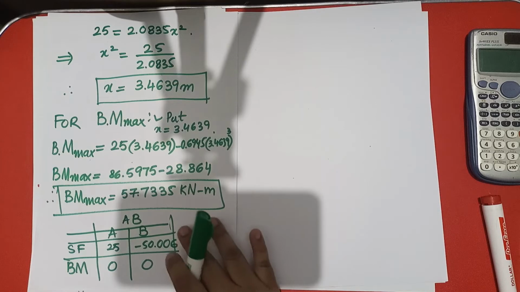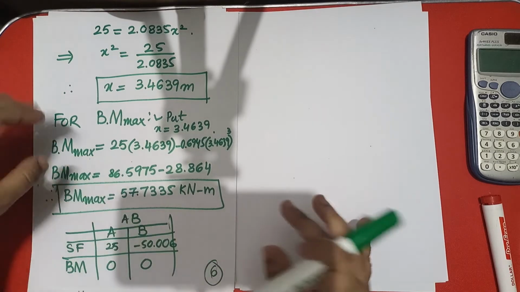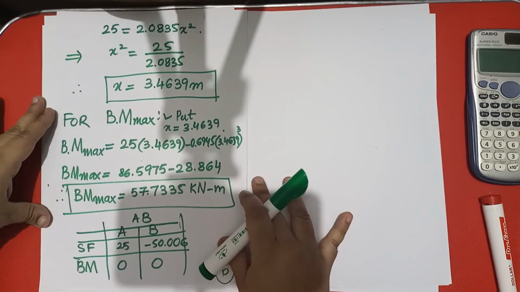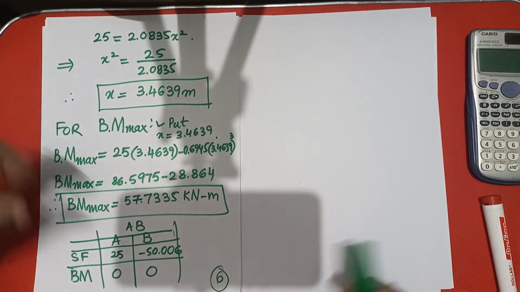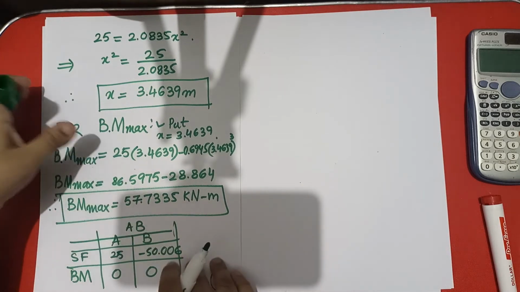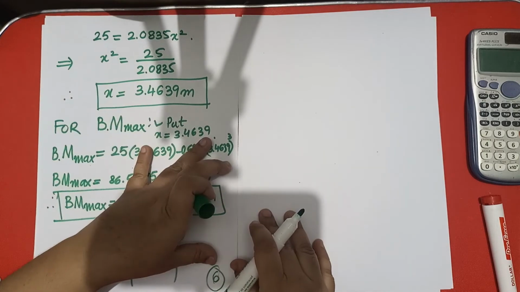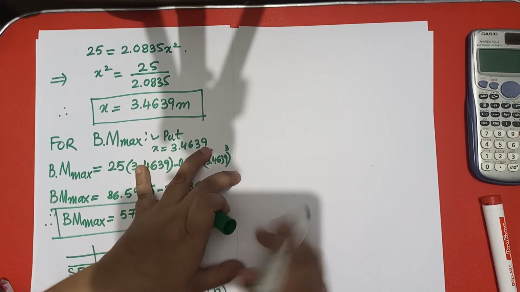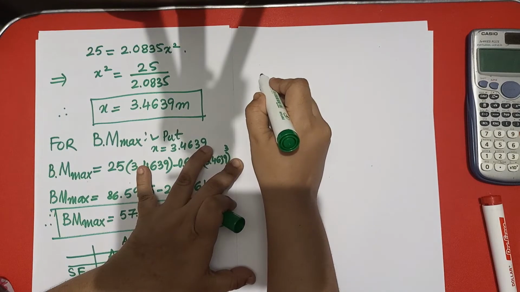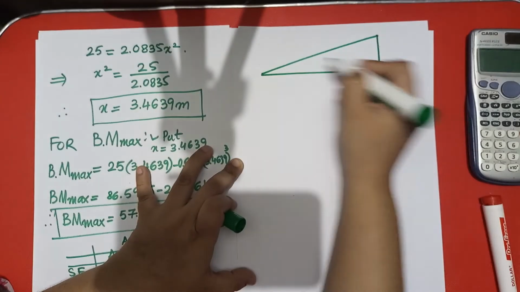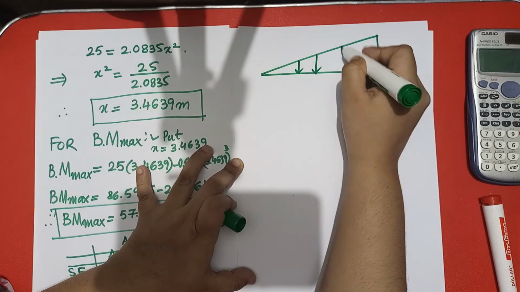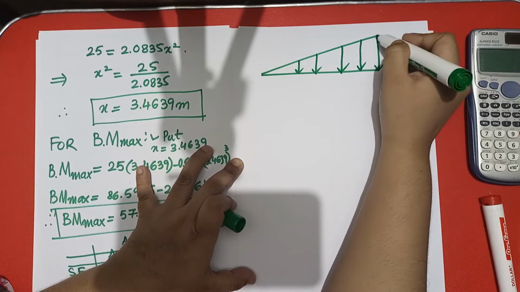Now students, we got the values and we have calculated the maximum bending moment also. So now we are able to construct the shear force and bending moment diagram of this numerical. How can we draw that? First we have to draw the diagram which was given in the question: the beam which is having triangular loading over it.